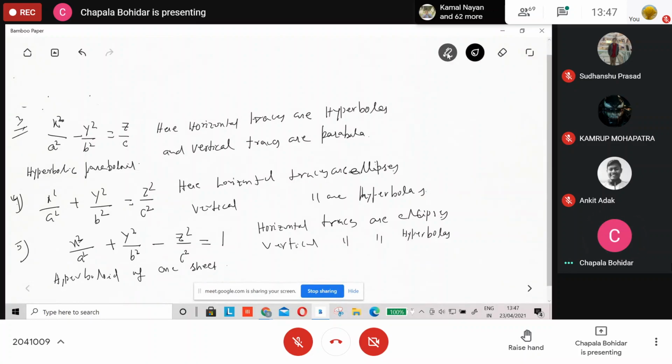Six. Minus x square by a square minus y square by b square plus z square by c square is equal to 1. It is your hyperboloid of two sheets.